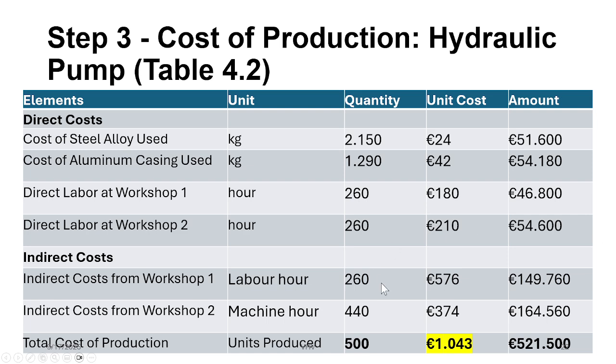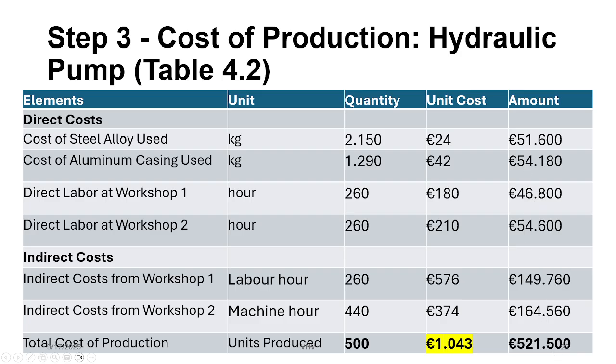For indirect cost, remember that for workshop 1 the cost driver is the labor hour, and for workshop 2 it is the machine hour, and we apply the rates in the indirect table that we calculated. So we sum all of the costs.